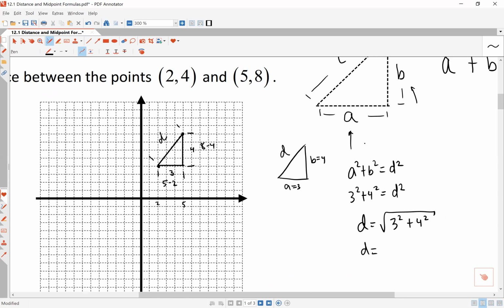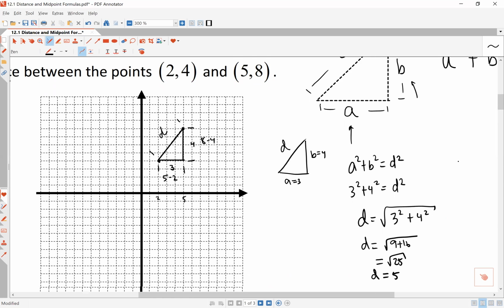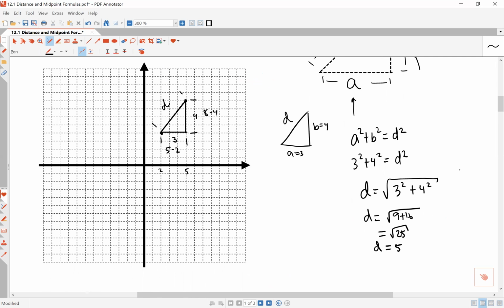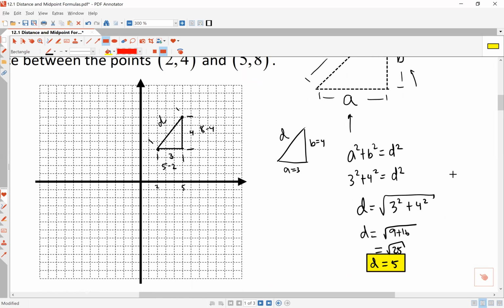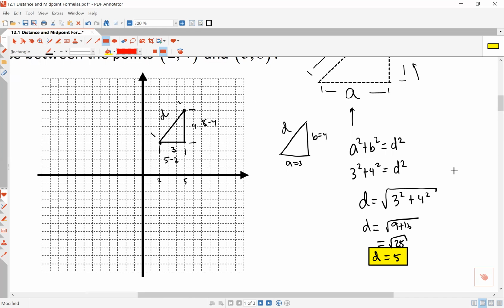That distance is square root of 9 plus 16, or the square root of 25, which is 5. So the distance between these 2 points is 5. Now this was a nice example where we got a nice answer out of this. Doesn't always happen.